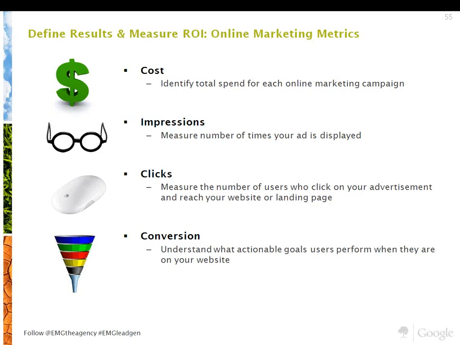One thing I also think would be really interesting in terms of defining your results is integrating the ways you're tracking success on both your traditional media strategy as well as your digital media strategy.